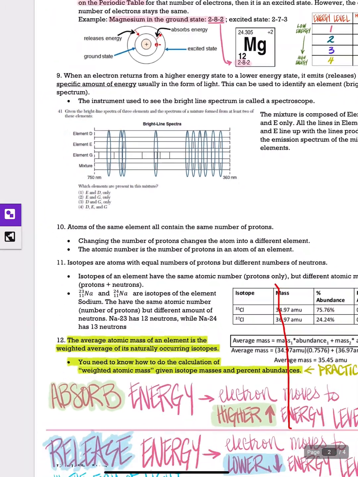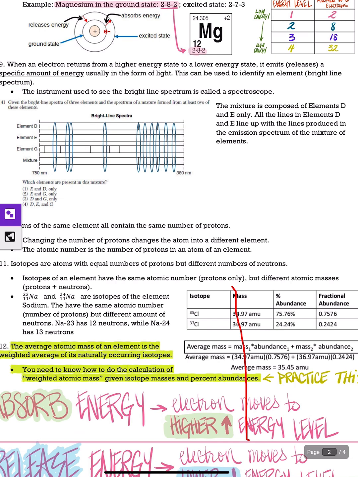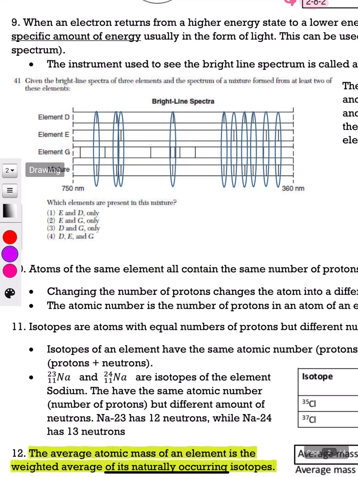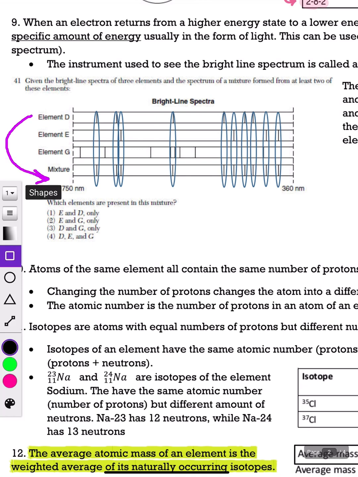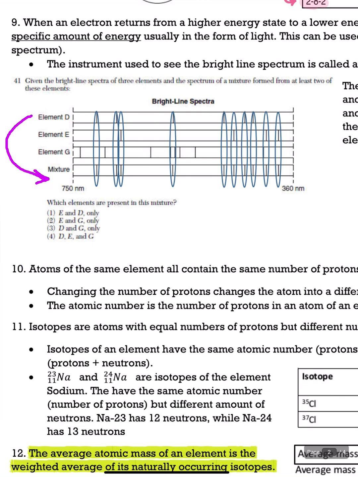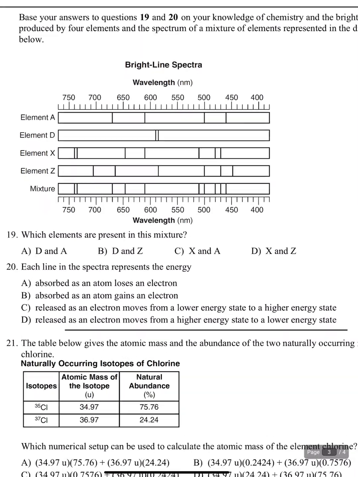If you look at this bright line spectrum, you're comparing each element to the mixture. And if you find the lines of that element in the mixture, they have to be all the lines. Then that element is said to be in the mixture. So let's do it.